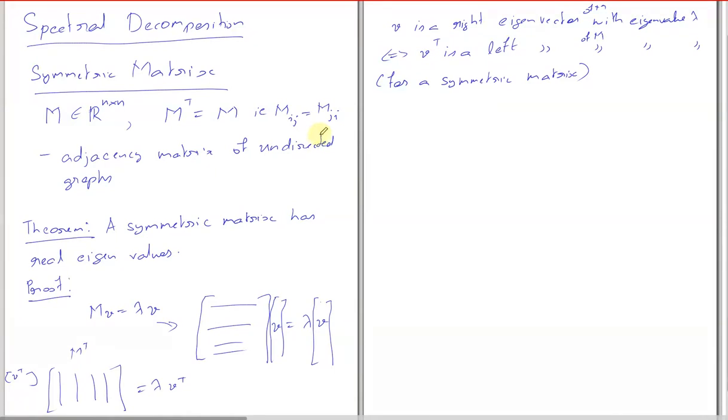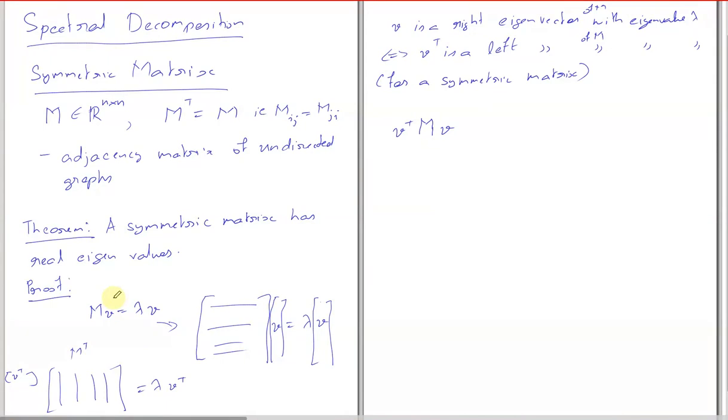Okay. So what can we do with it? Let V be an eigenvector with eigenvalue lambda. Let's look at V transpose MV. And let's do one more thing. The eigenvector V might have complex entries.